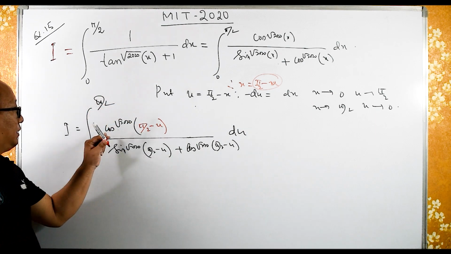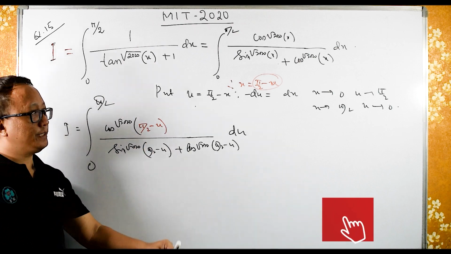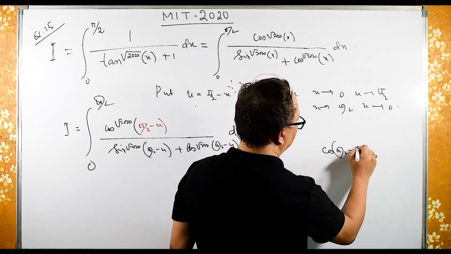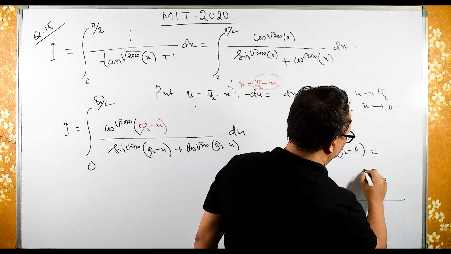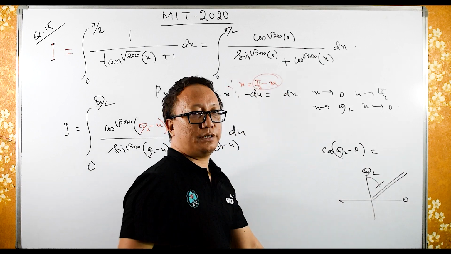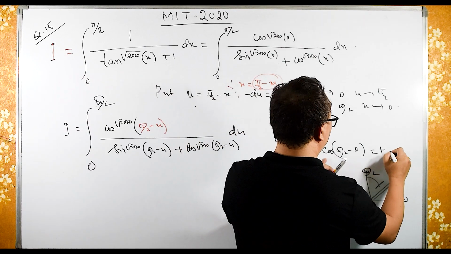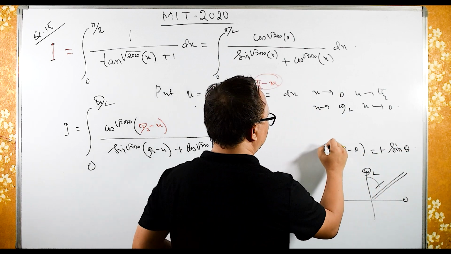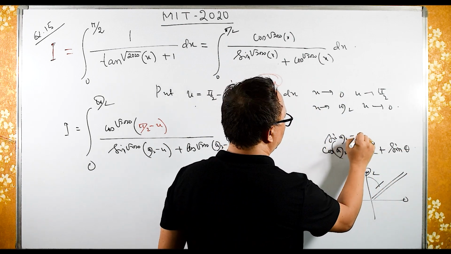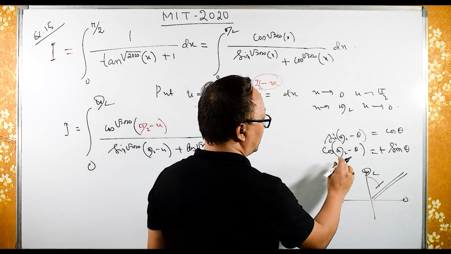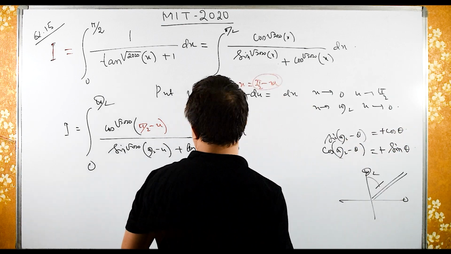Now, cos of pi by 2 minus theta, what is this? Pi by 2 minus theta is in the first quadrant, where all are positive. Here cos will go to sine of theta. Similarly, sine of pi by 2 minus theta, sine will go to cos theta with a plus sign.